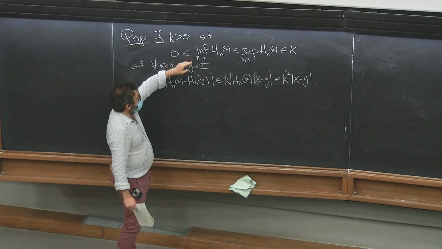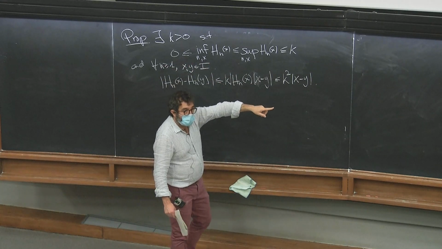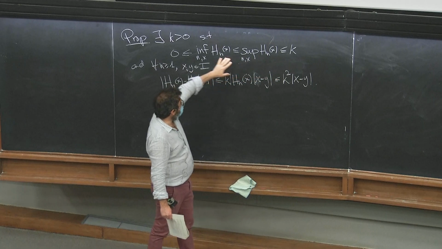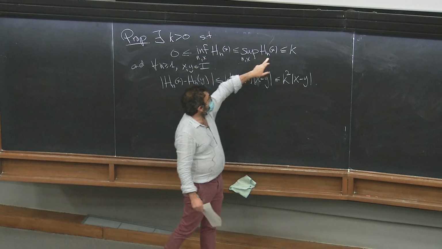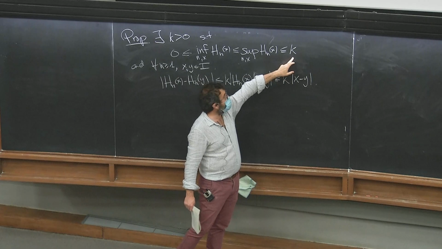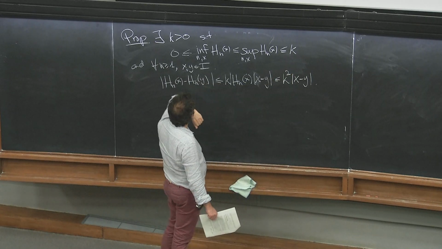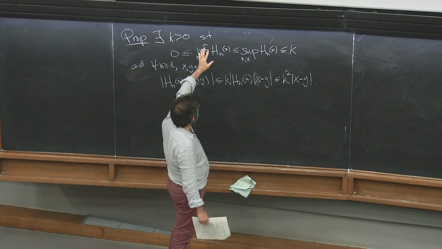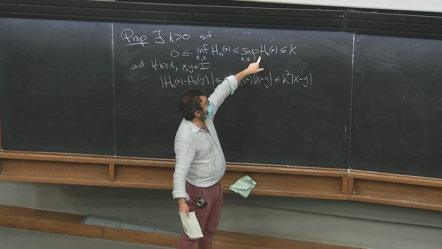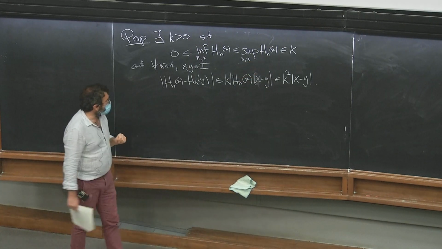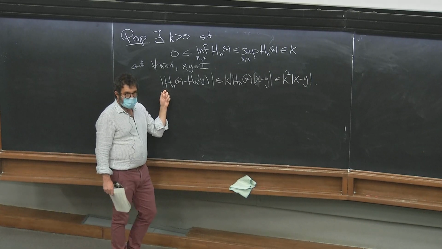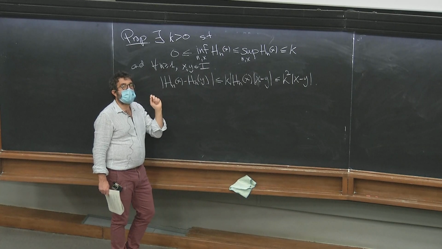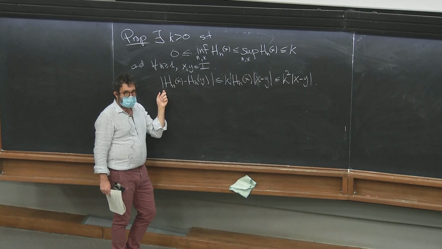So this just says that these densities are uniformly bounded, right? For every n and for every x, this is greater than or equal to 1 over k and less than or equal to k. But also it's Lipschitz, which is not obvious at all.